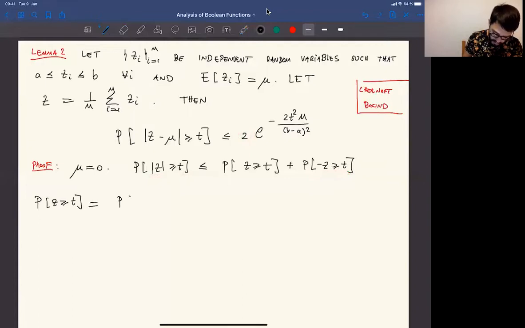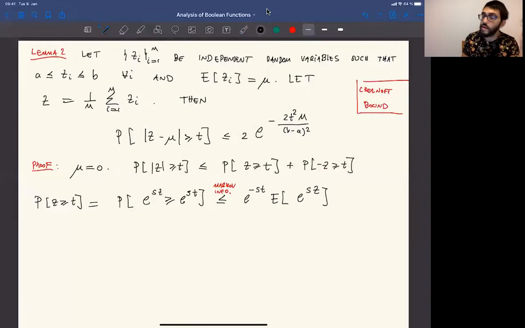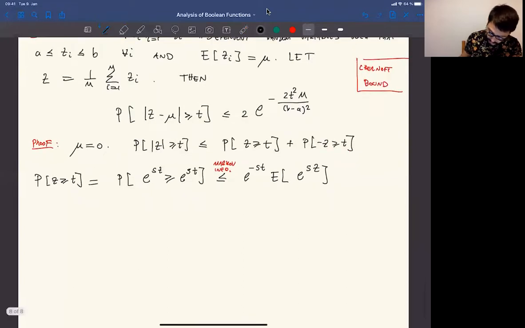And what is this? So you apply the old trick of exponentiating everything, and then you take s to be some parameter to be chosen later, and you just apply Markov's inequality here. This is Markov's inequality, which is one of these trivial inequalities that we all know.